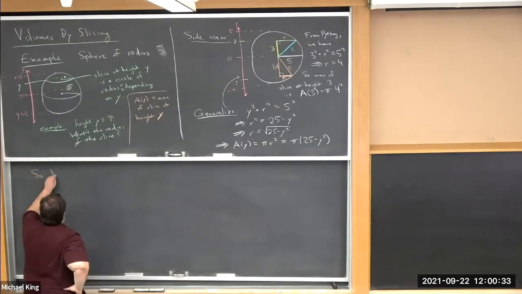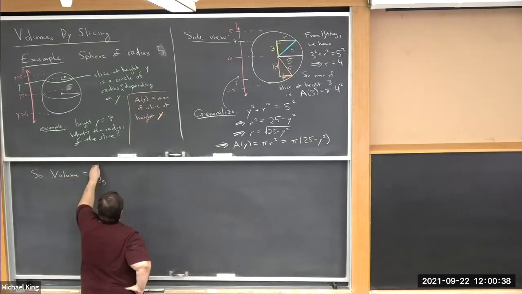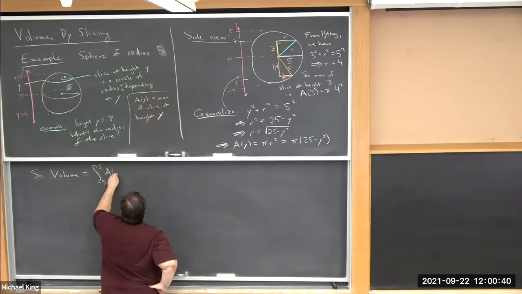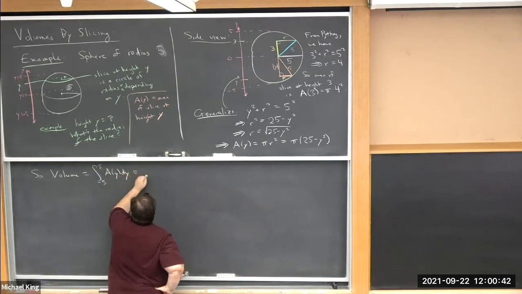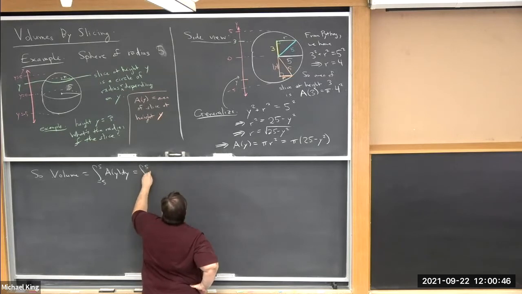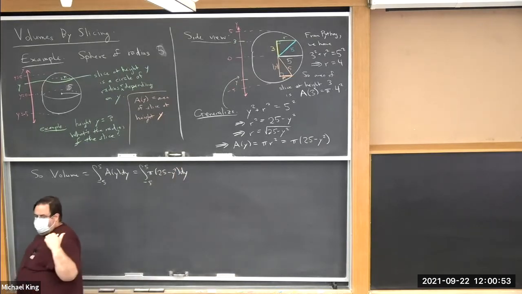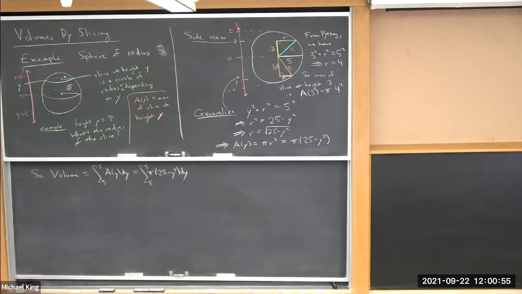So the volume is the integral from -5 to 5 of A of y dy, which in this case is the integral from -5 to 5 of pi times 25 minus y squared dy. So maybe take a few minutes, talk to the people next to you and just work out this integral.